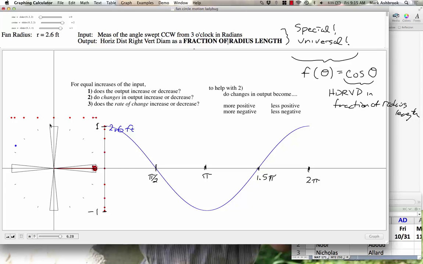And so at an angle swept of pi, that value would be negative 2.6. And suppose we are a quarter of the way up. Horizontal.